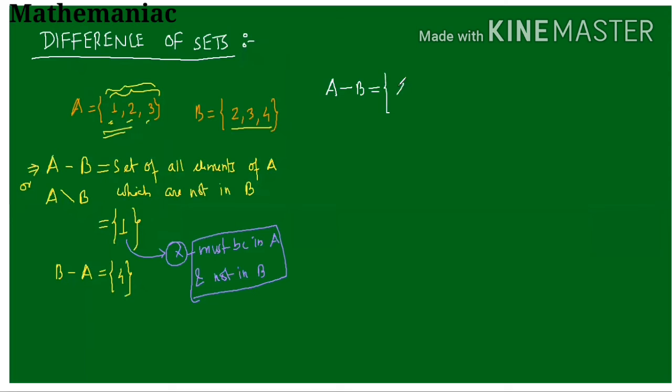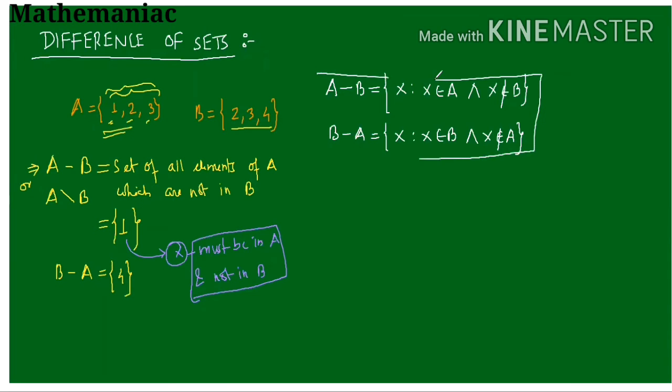A minus B means all those x which are found in A, and at the same time they should not be found in B. Similarly, B minus A means all x which are found in B and at the same time not found in A. So these are the definitions we have in symbols.